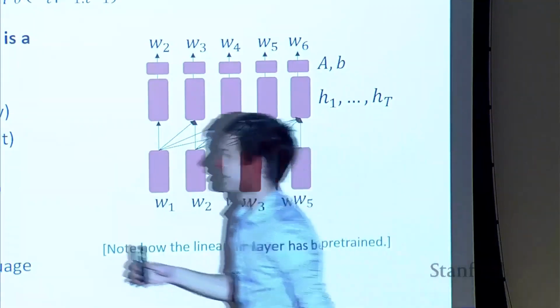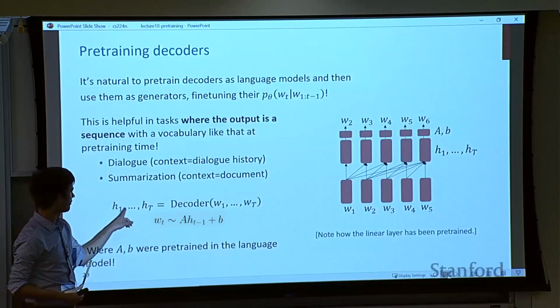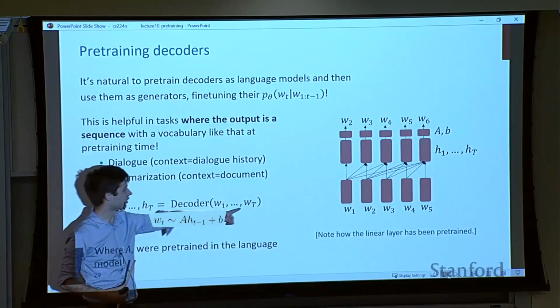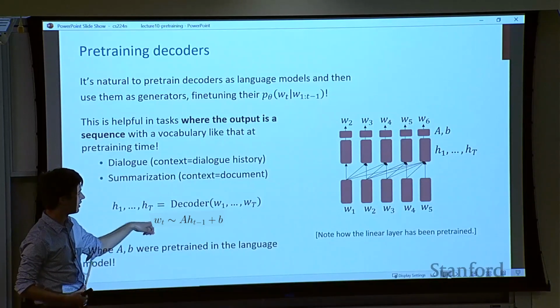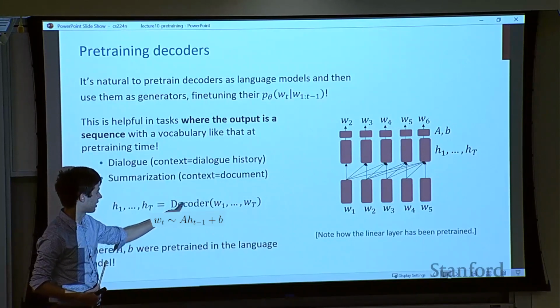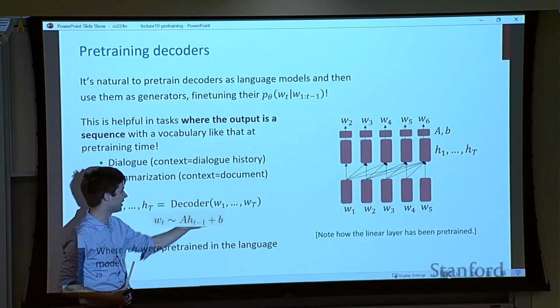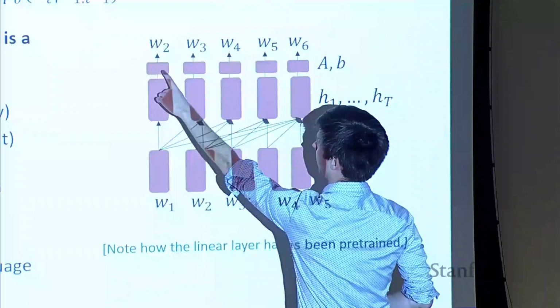And so what this looks like is, again, at fine-tuning time, you have your h1 to ht equal to the decoder of the words, and then you have this distribution that you're fine-tuning of wt is Ah, this is a typo again, ht minus 1 plus b. So now, every time I have this, I'm predicting these words.